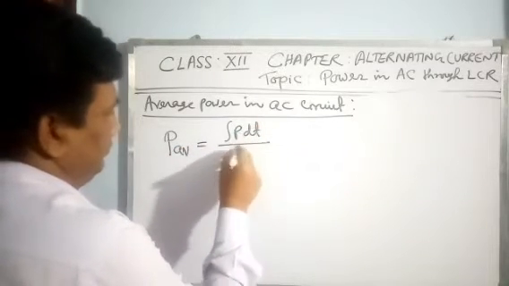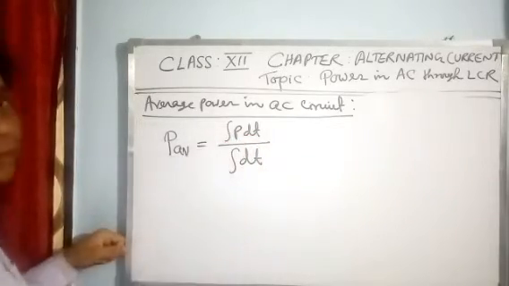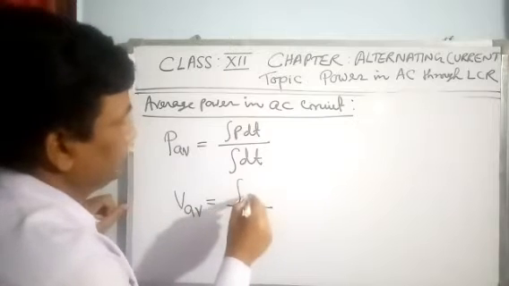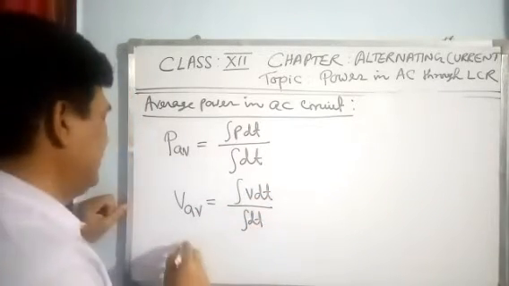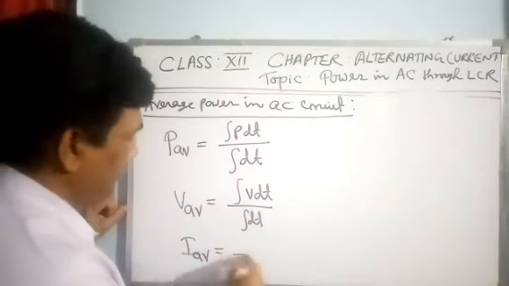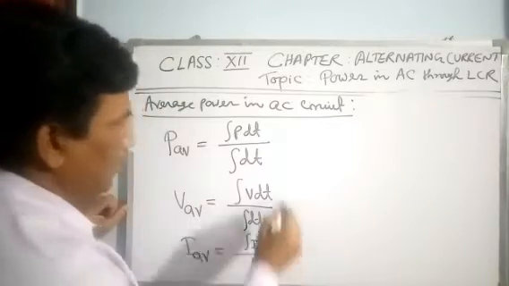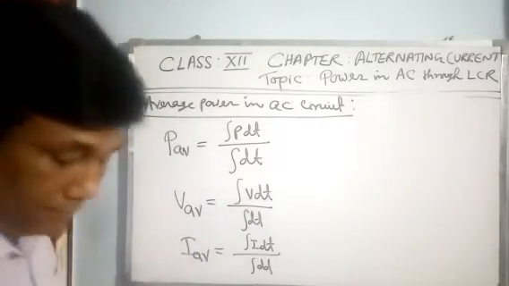Average power is the integral of P dt upon the integral of dt, just as average velocity is the integral of V dt upon the integral of dt, and average current is the integral of I dt upon the integral of dt. You can learn that pattern also. This is the definition only, nothing else.